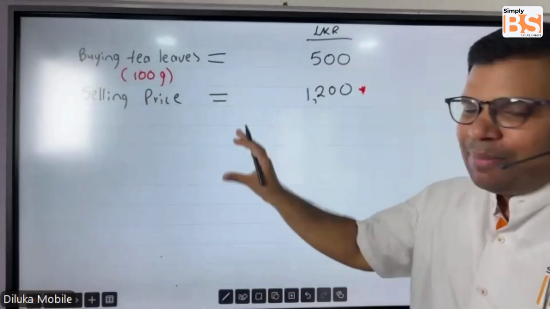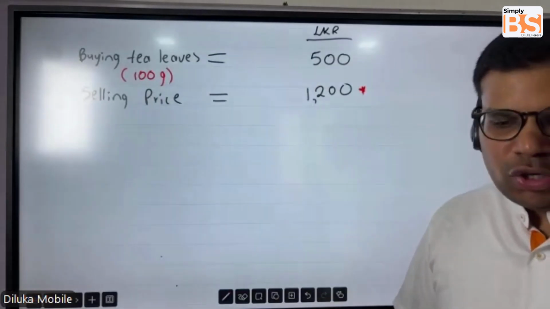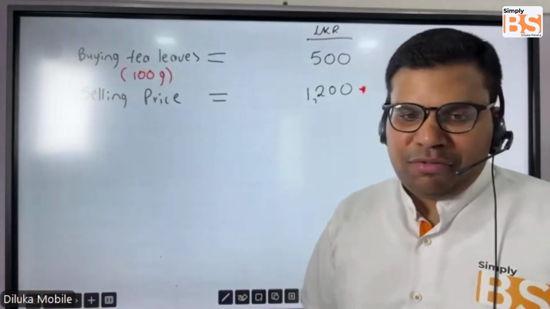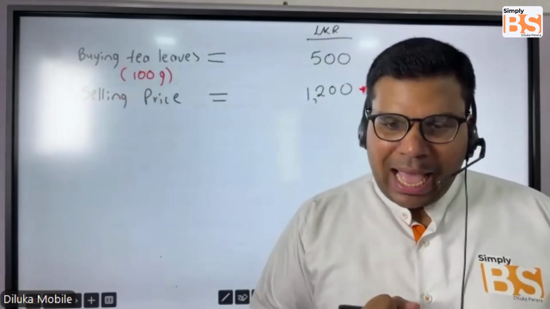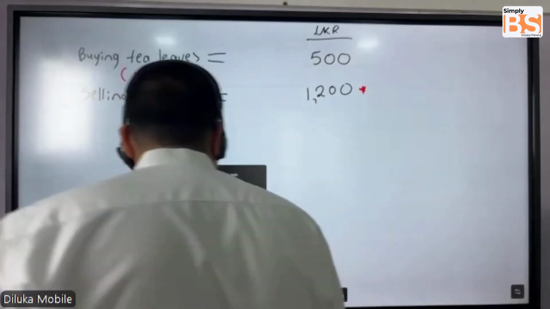In this example, it's a very simple example, I took only the cost of raw material, which is tea leaves, but it could have some other direct production inputs as well. So we'll make it simple. What is the added value then?